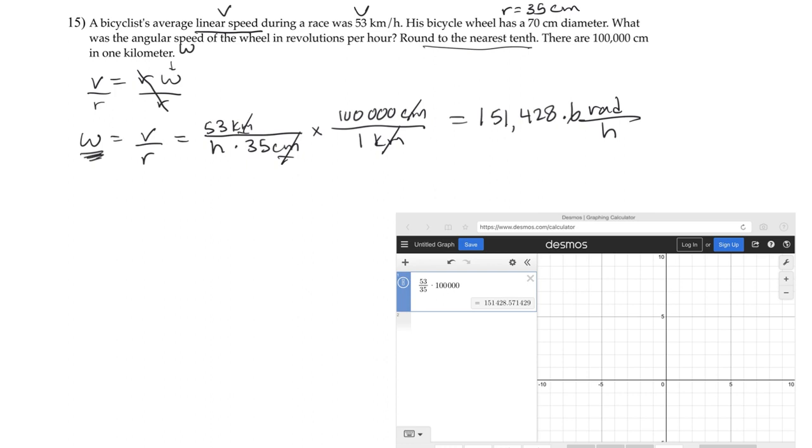Now, the question, though, asks for what is your answer in revolutions per hour. So I need to convert this number from radians to revolutions. So there's 151,428.6 rads per hour, and I have to do a conversion unit.